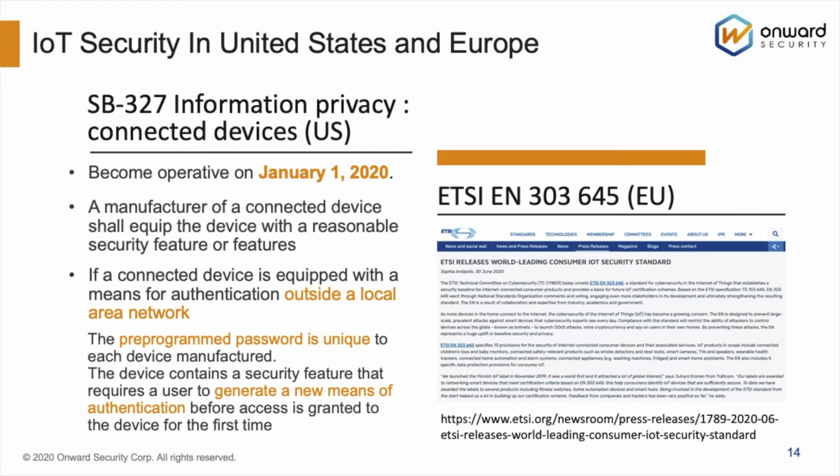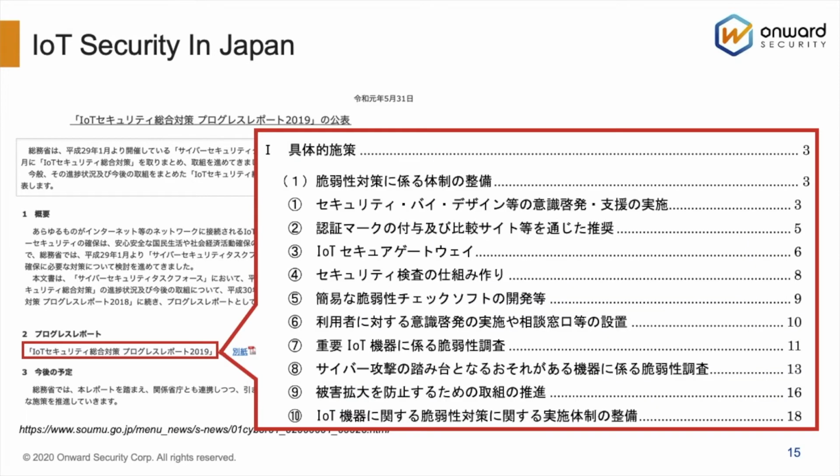And in Europe, they also have a new standard called EN 303 645. That is a new consumer IoT cybersecurity standard. So you can see more and more regulations or standards appear asking IoT devices to use reasonable security features to protect your device and users' data and privacy.